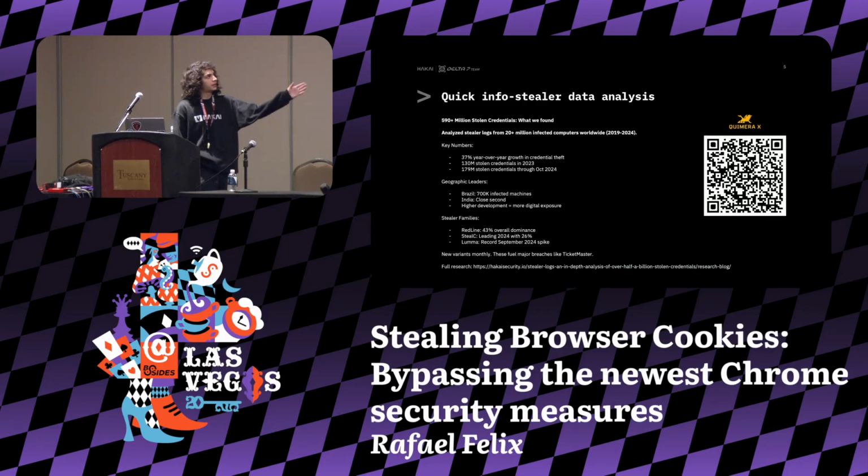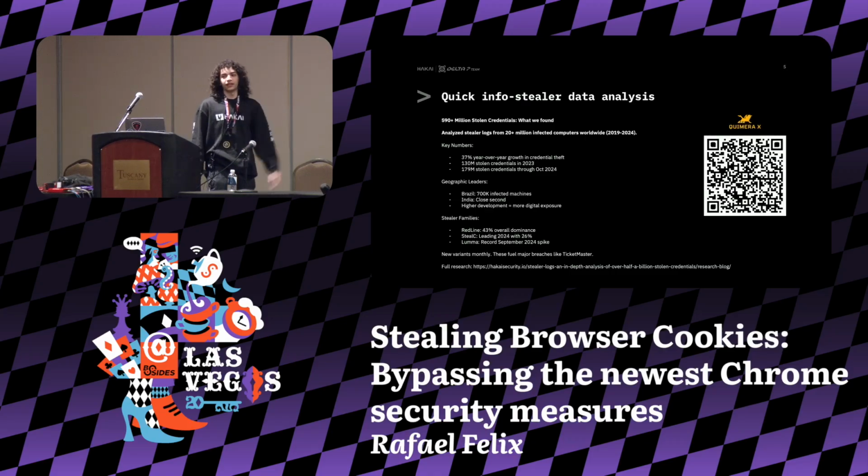So here we'll get to a quick info stealer data analysis. Our team at Chimera, which is our threat intel platform, did a quick analysis. We have a ton of stealer data counting from 2019 to 2024. The key numbers are 37% year-over-year growth in credential theft, 130 million stolen credentials in 2023, and 179 million stolen credentials through October 2024.